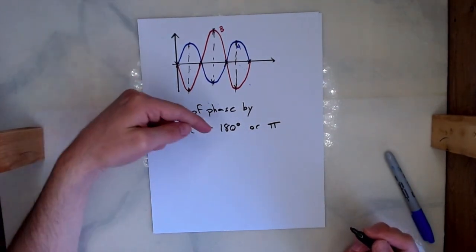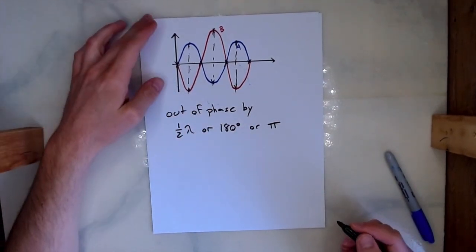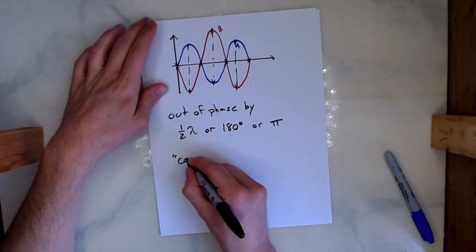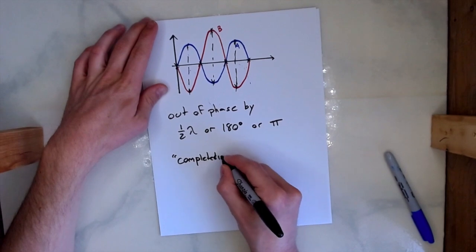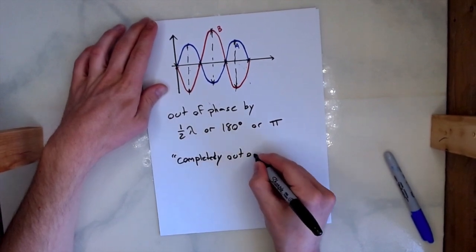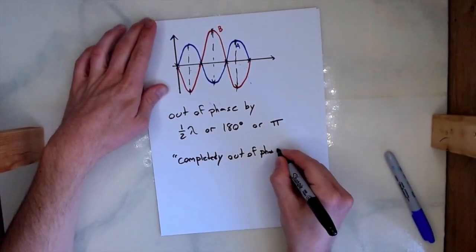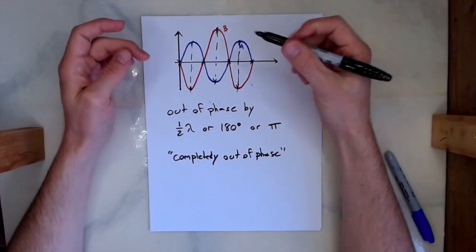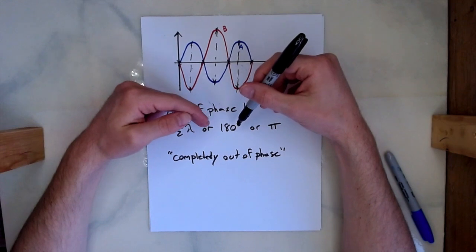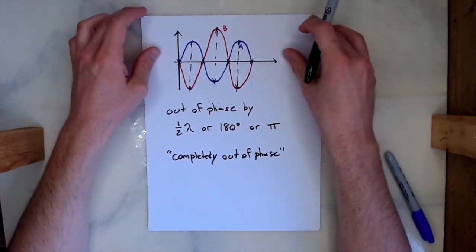This is out of phase by 180 degrees or pi radians. This is sometimes referred to as completely out of phase. All right? So again, because it's completely out of phase or shifted by 180 degrees, something interesting will happen, and we'll explore that more next week.